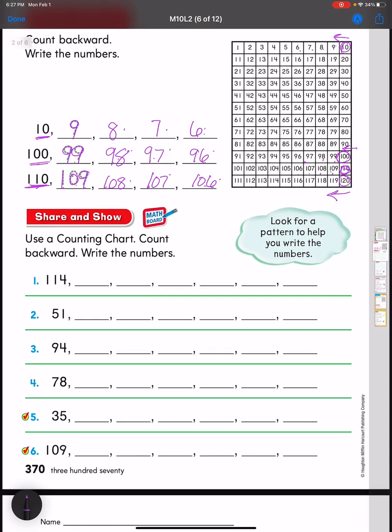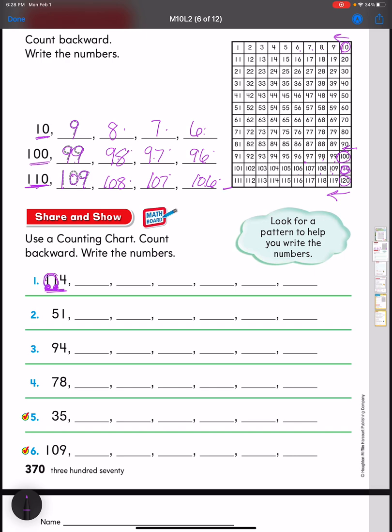Okay, so we're going to do the same thing. We're going to use our counting chart when we need to count backwards and write the number. So I'm starting at 114. If I wanted to find this on my chart, I would look for 100 and then I would start with the 11s. I would look at these numbers for the chart on which row to start with.